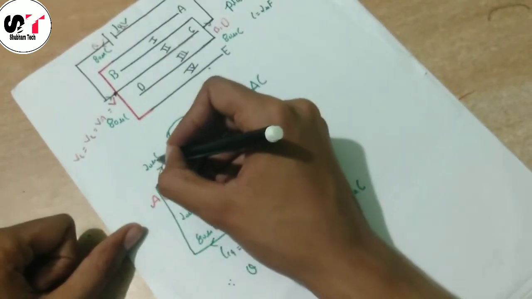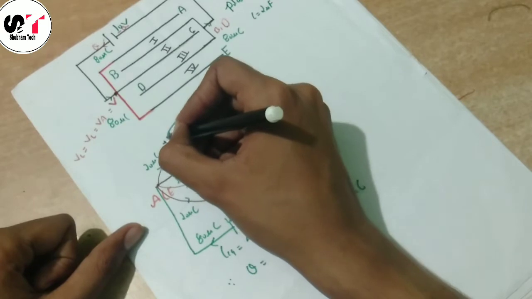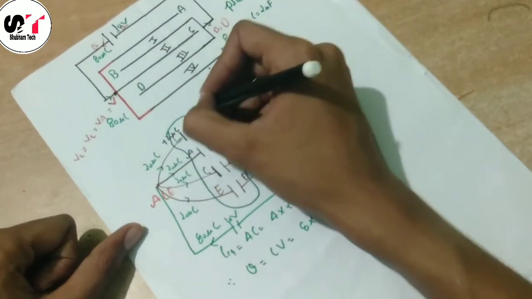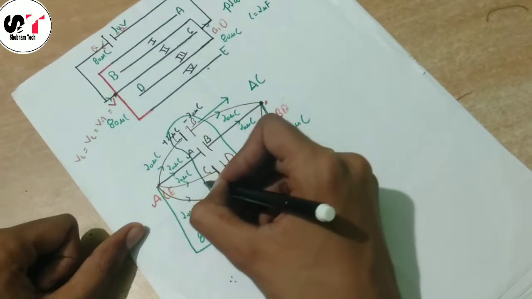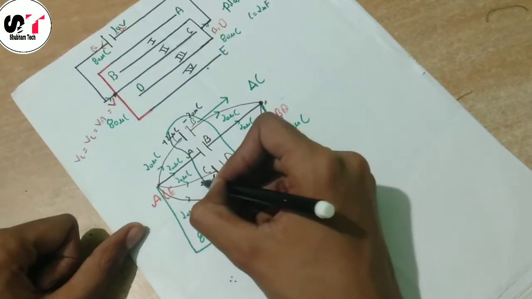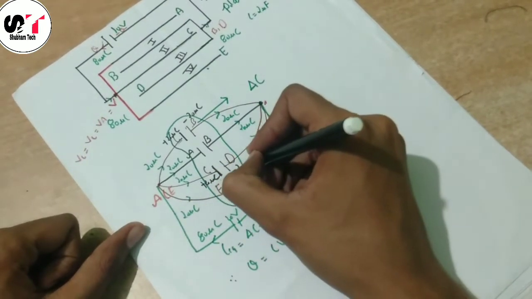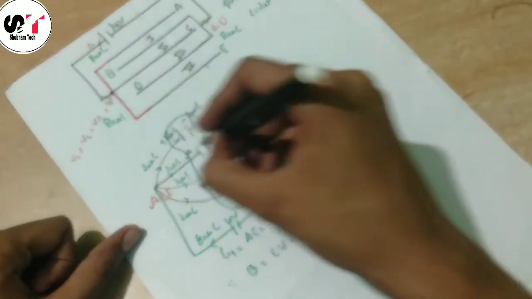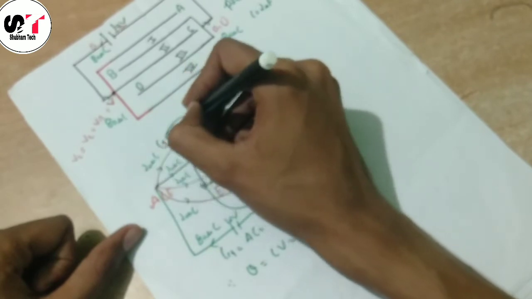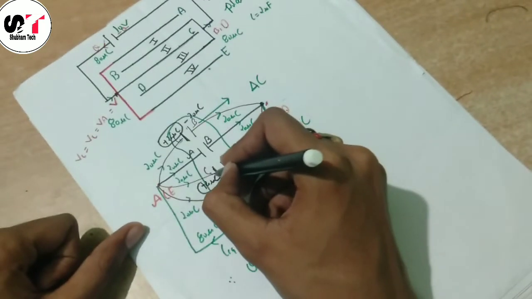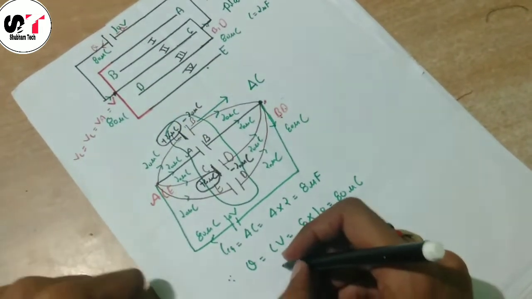20 microcoulomb means plus 20 microcoulomb and minus 20 microcoulomb. Here 20 microcoulomb, minus 20, plus 20 microcoulomb and minus 20 microcoulomb. Okay, so C plate is here and C here, means 20 and this 20, overall 40 microcoulomb.